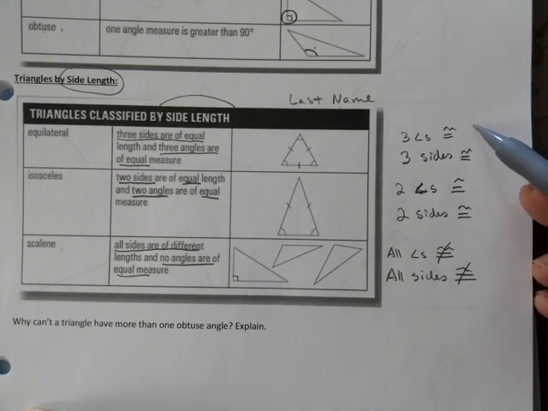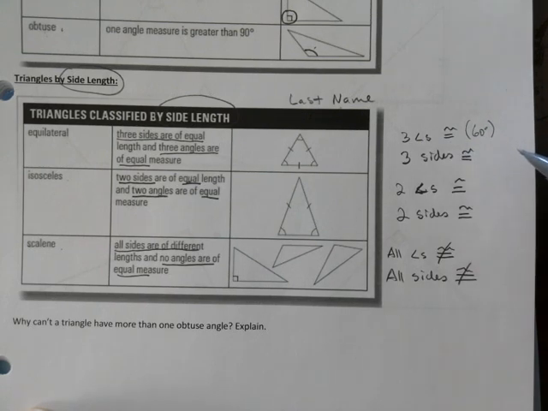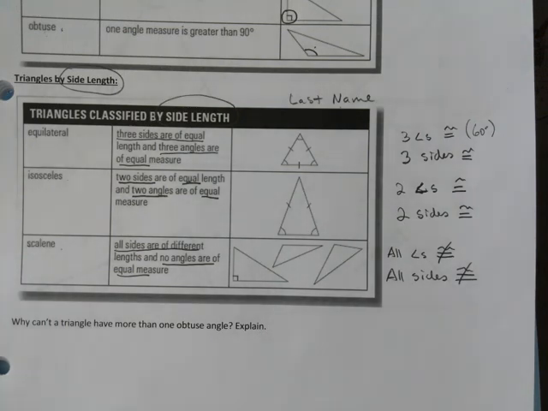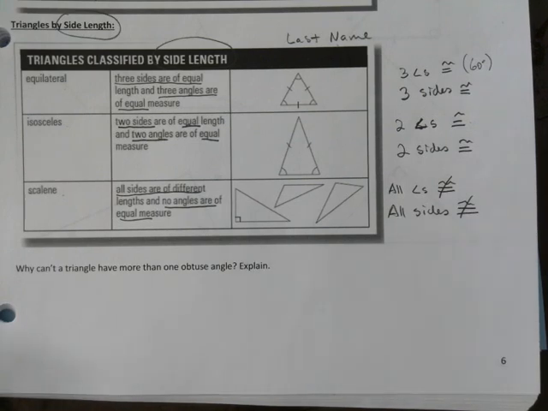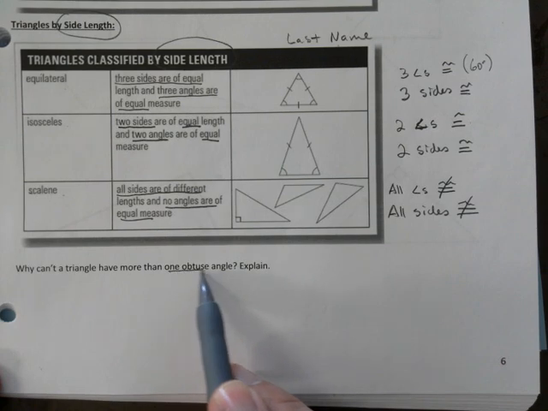In fact, the angles are all 60, right? That's the only one we know for sure that the angles are always going to be 60 degrees. So there's a correlation between this number of sides that are congruent and the angles, right? Angle sides. More review. Why can't a triangle have more than one obtuse angle?